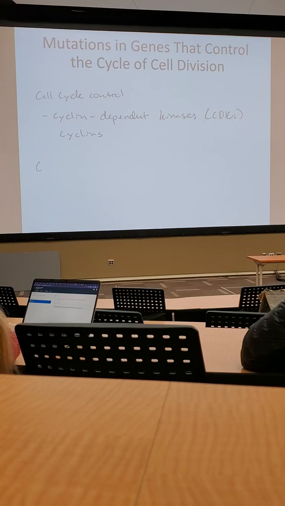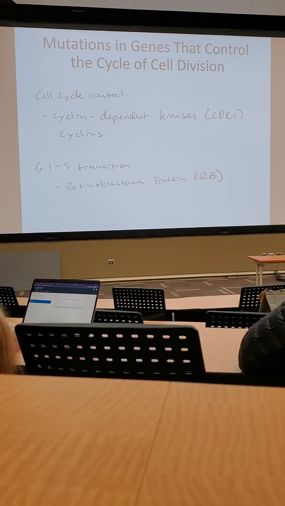We have a G1 to S transition. A protein that's really common there is, so it's named for a very specific type of cancer, but it can play a role in many different types of cancers. Right?